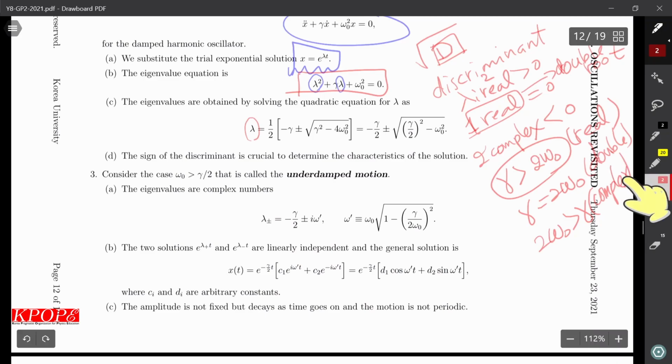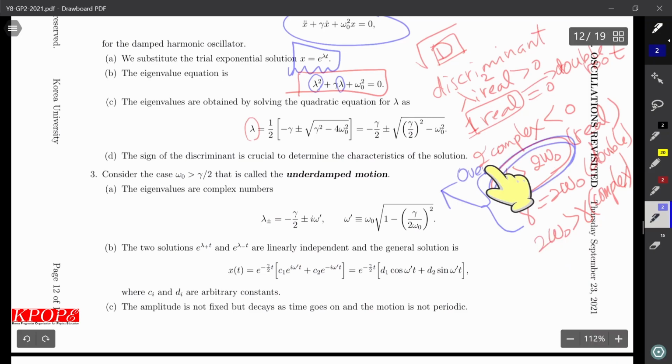Actually, the solution is related to damping dominance, and this is called over-damped. This is for critically damped. And this is under-damped.